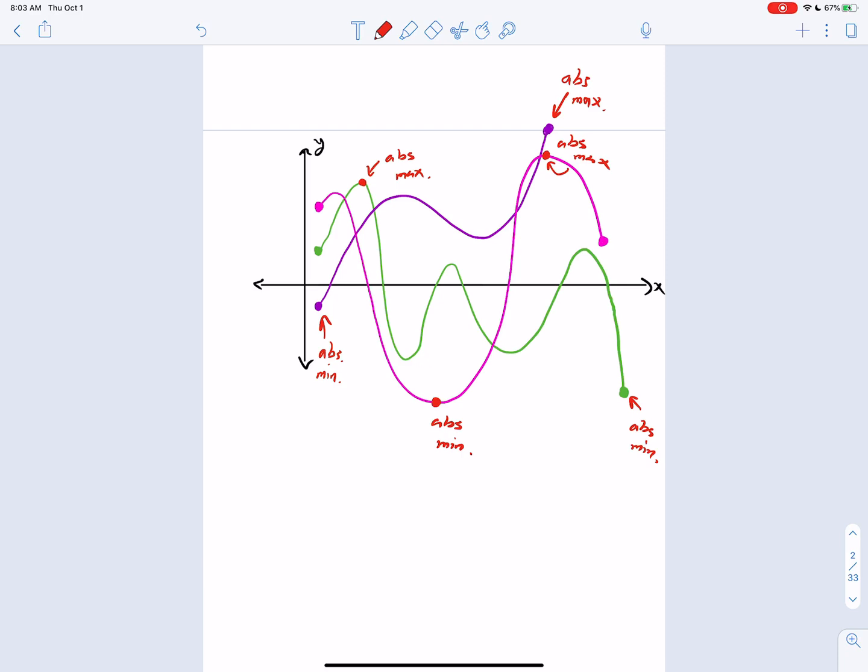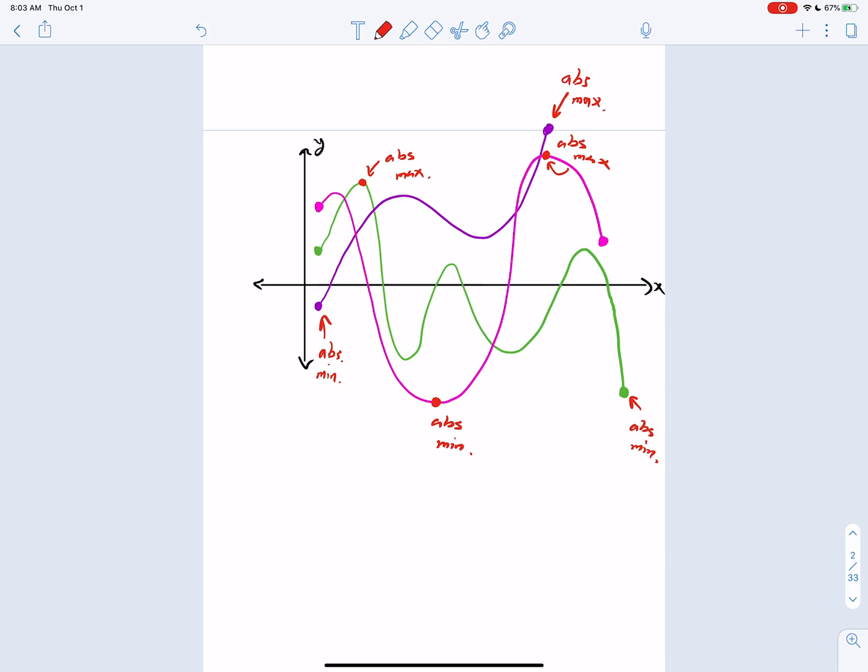Okay, so here's some true or false questions, all right? And please answer it with me. True or false? The absolute maximum can occur at the endpoint. Okay? The absolute maximum can occur at the endpoint. Is that true or false? Okay.